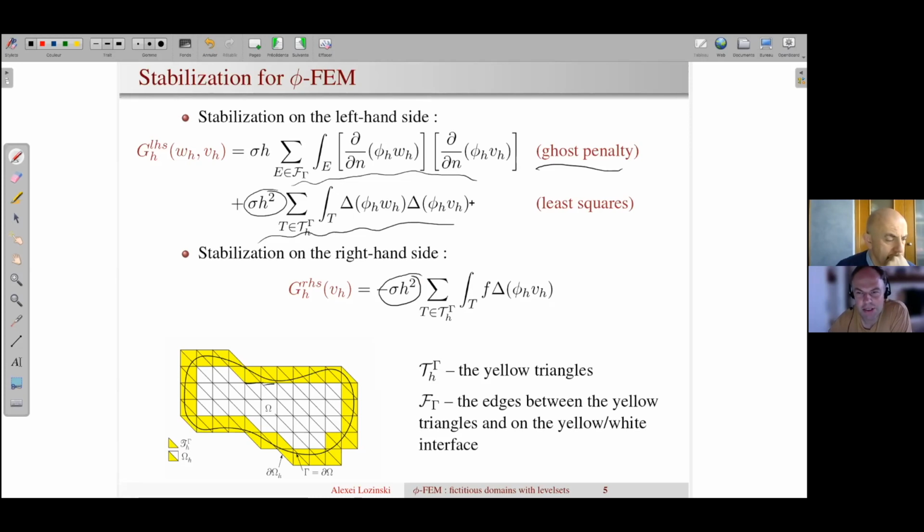And so the combination of ghost penalty, or this reduced ghost penalty for only first order derivatives, with this kind of least squares gives us the necessary control over all the derivatives. So the nice thing here is that stabilization works for whatever finite elements at the cost of this reduced ghost penalty. Now you have all the details.